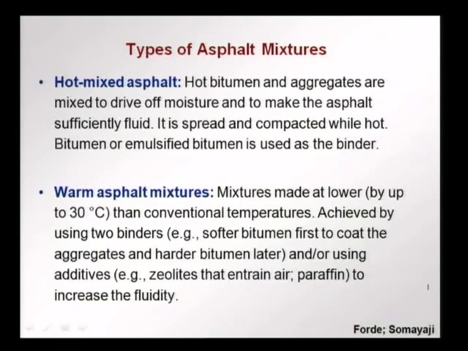So, in this case we have bitumen that is heated and mixed with aggregates which are also hot, and this is done to drive off any moisture that could be there in the aggregates, and more importantly to have the bitumen and asphalt sufficiently fluid such that you can have a uniform mix, and during placement a good compaction can be achieved in the asphalt concrete.